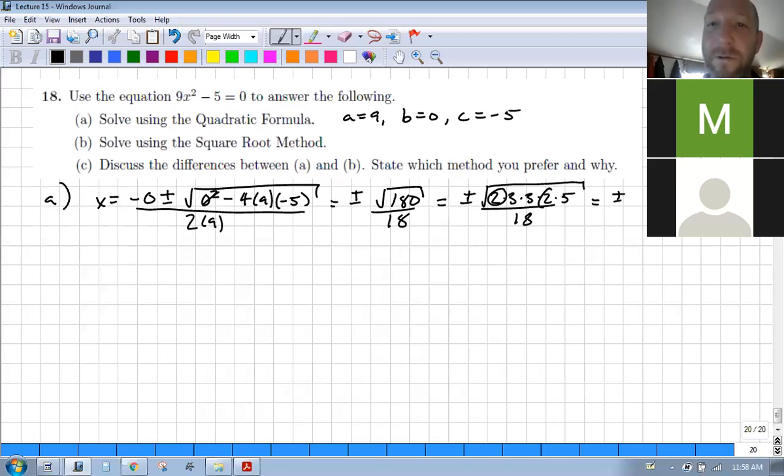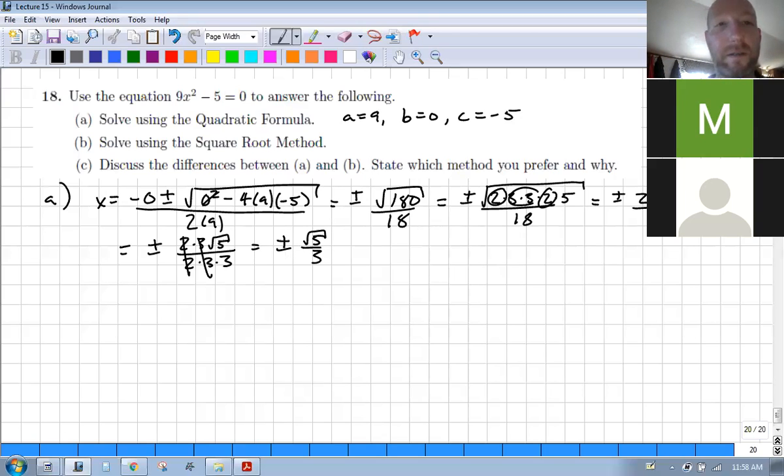So there's two 2s, and then two 3s. We still got a 5 in there. So plus or minus 2 times 3, root 5. 18 is 2 times 9, which is 3 times 3. So plus or minus the square root of 5 over 3.